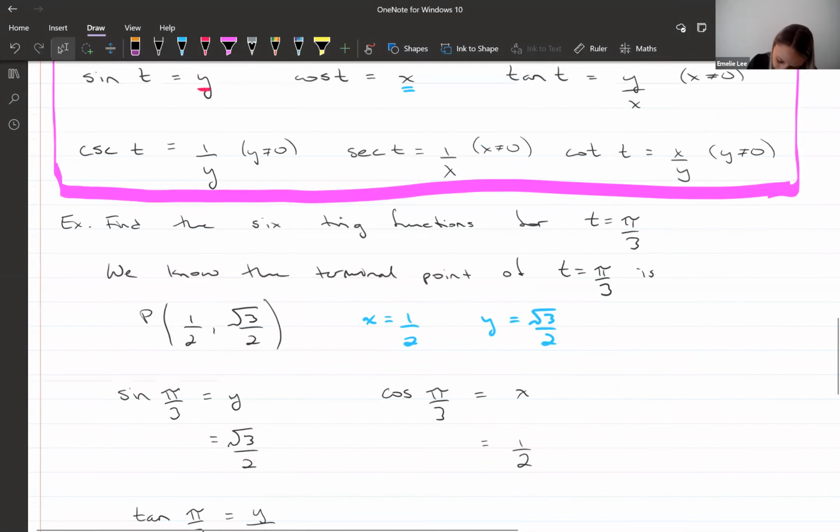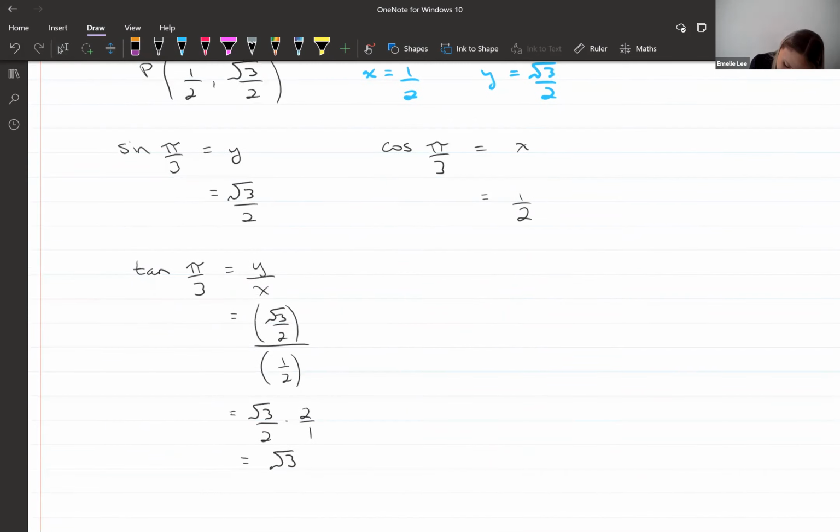It's the next one on the list. Cosecant. We have to make sure that y is not equal to 0. In this case, y is root 3 over 2, so we're safe. Cosecant of t, where we're replacing t with pi over 3.